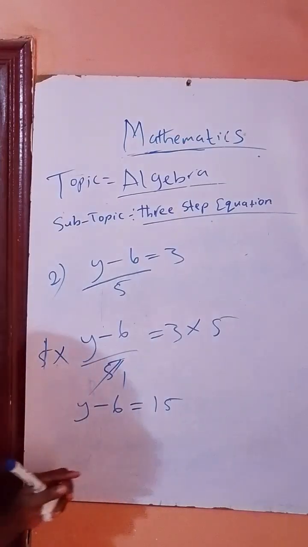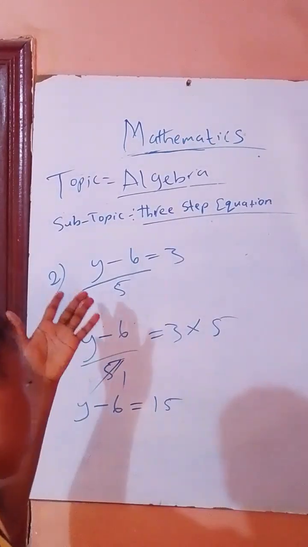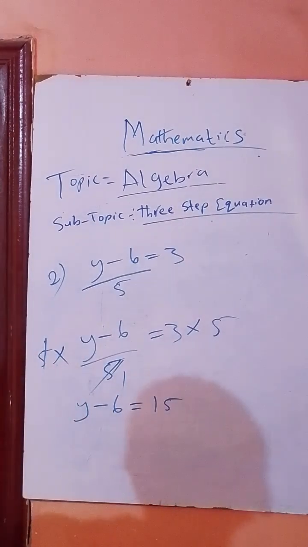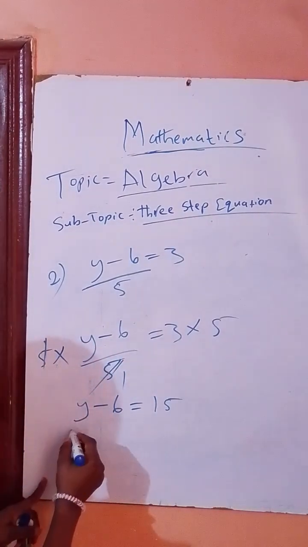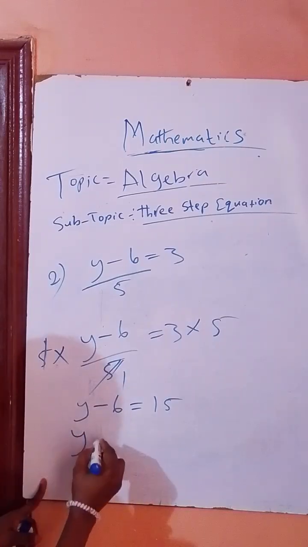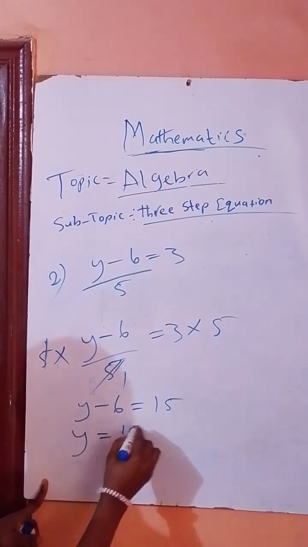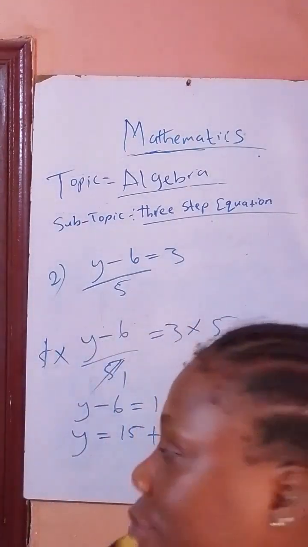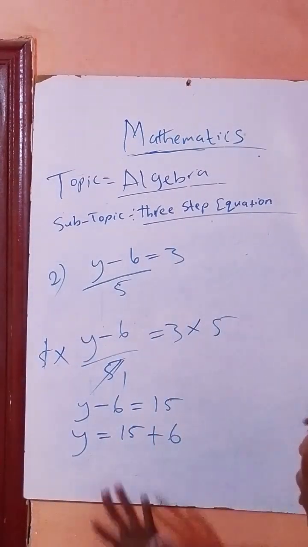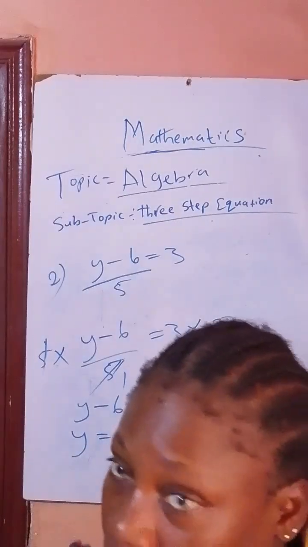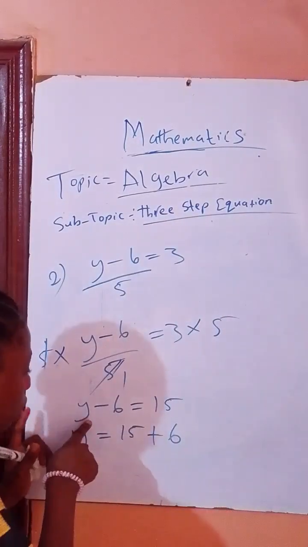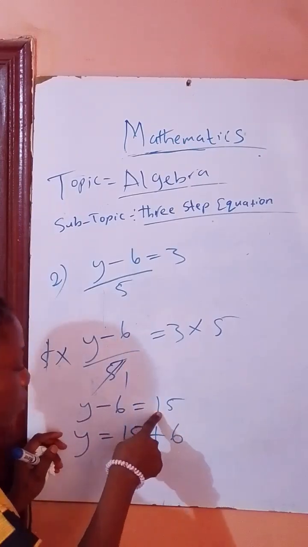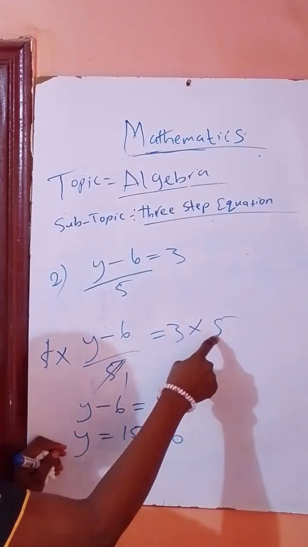I hope you understand it. Y equals 15 plus 6. Now, y minus 6 equals 15, because 3 times 5 is 15.